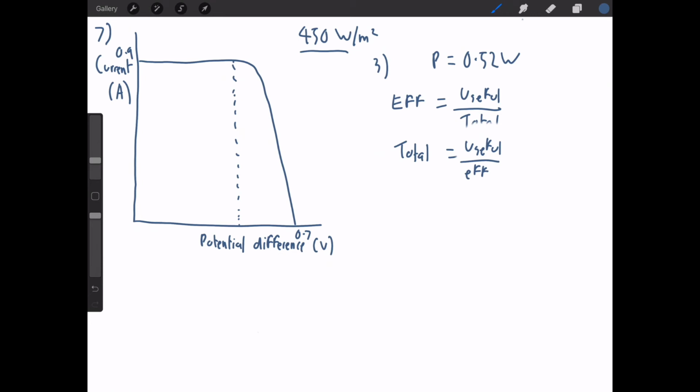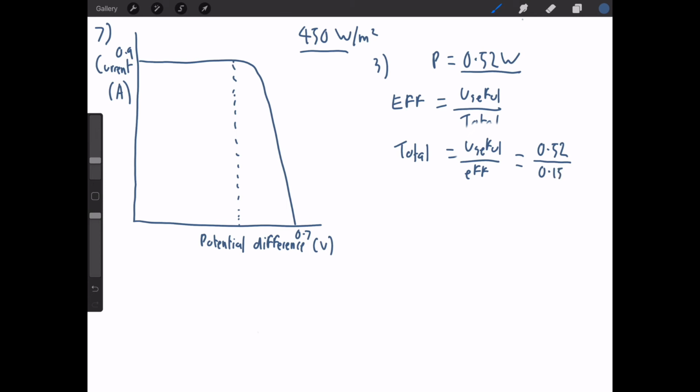If you're working with efficiencies, make sure you don't use a percentage. Make sure you use a number between 1 and 0, otherwise your calculations won't work. So that's going to give me 0.52, because that's my useful power, which was quoted here. That's what the output power is, divided by my efficiency, which is 0.15.